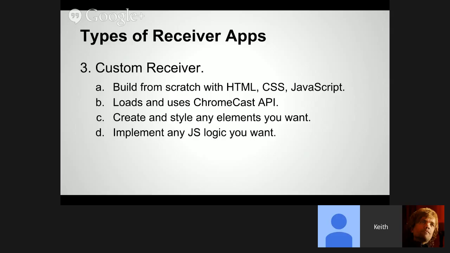And this gives you certain objects that you can use to send all your messages and receive all your messages. You can create any elements, basically any styles that you want, and implement any JS logic that you want. So you can do your advertising in there, your mid-rolls, pre-rolls, analytics, whatever you want to do in there. It's all just straight up JavaScript and HTML page.